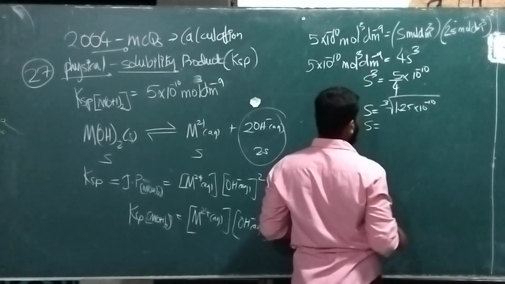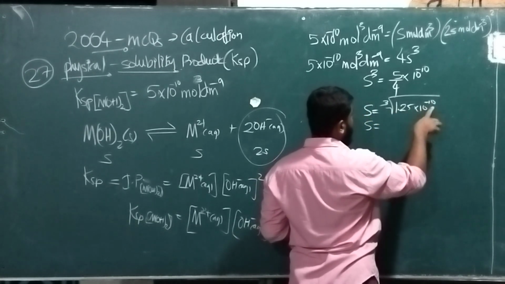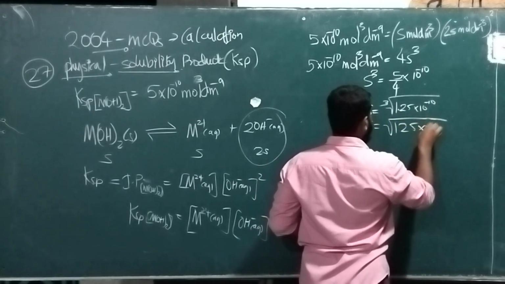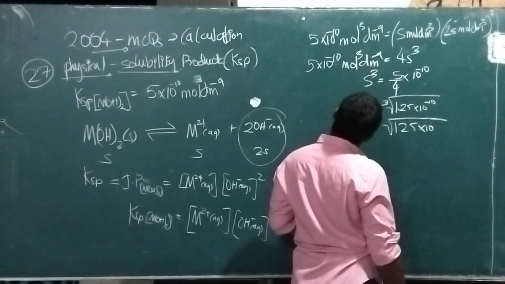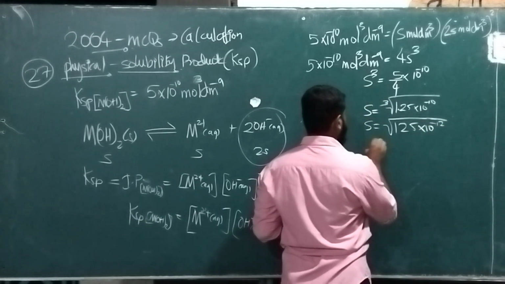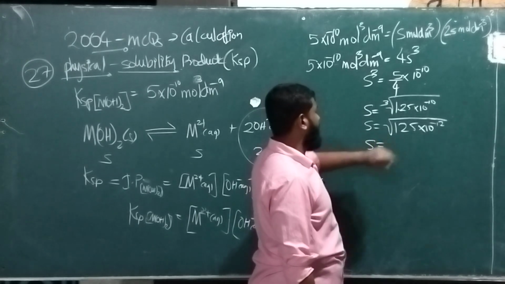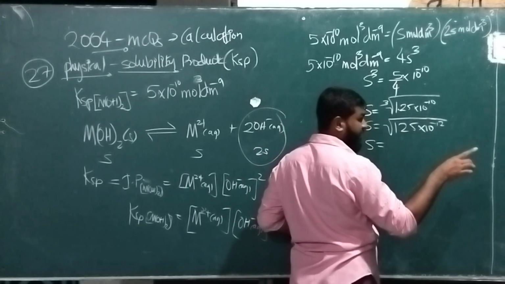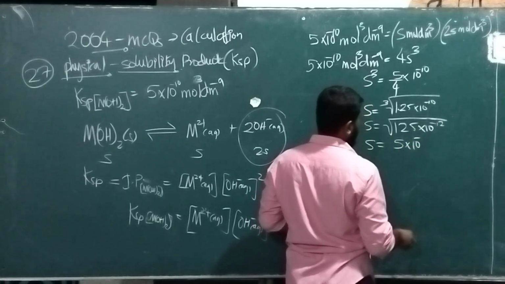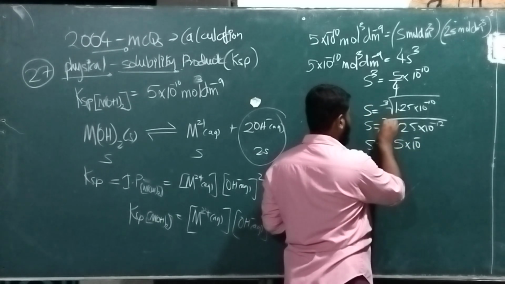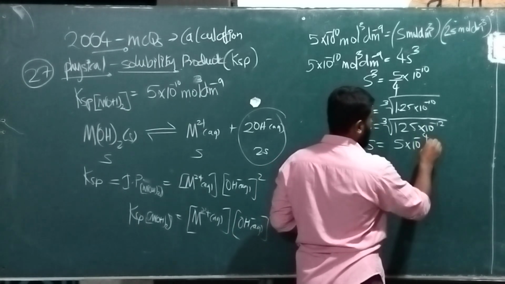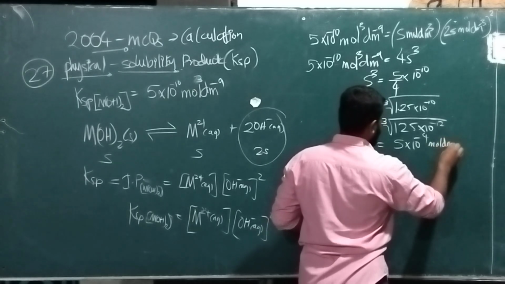If you move the two decimal places, you get 125 into 10 to the power minus 12. So S is equal to the cube root, 5 into 5 is 25, 5 into 25 is 125, so S is 5 into 10 to the power minus 4 mole decimeter minus 3.